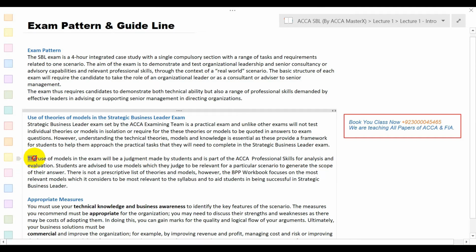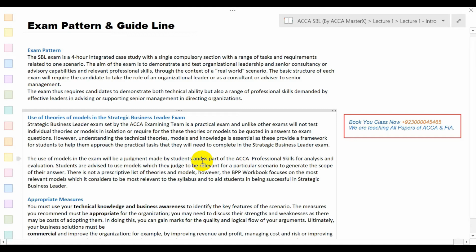Now I am starting from here. The use of models, of course the business models, in the exam will be a judgment made by students. During this course, we will cover different business models.